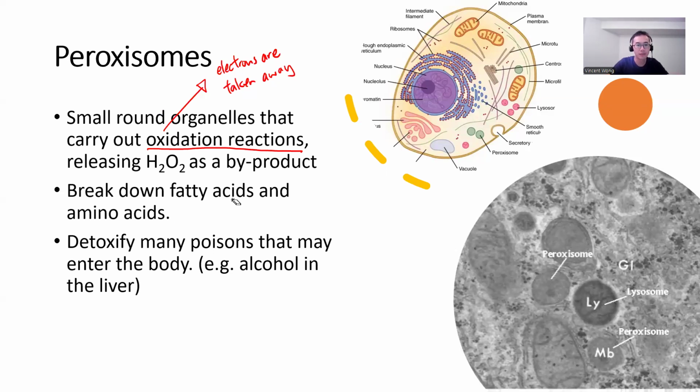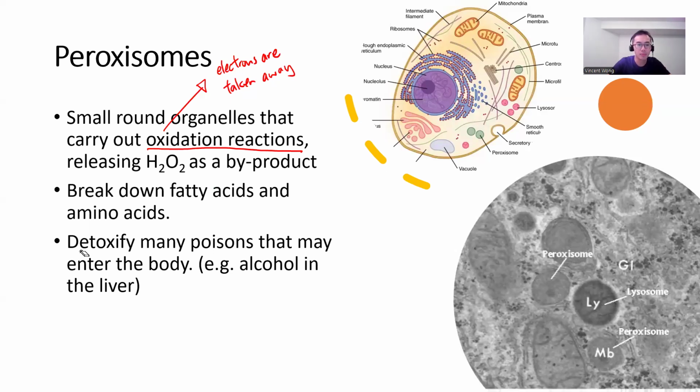Okay, so they help break down fatty acids and amino acids. If you think about it, it's very similar to the function of the lysosome, but the kind of reactions that are happening is different. In the lysosome, the reactions are carried out by enzymes. In the peroxisomes, we have a different kind of reactions called oxidation reaction.